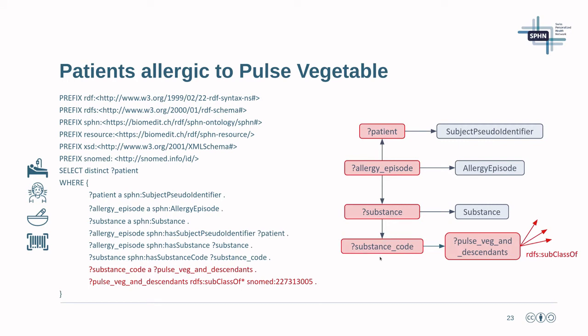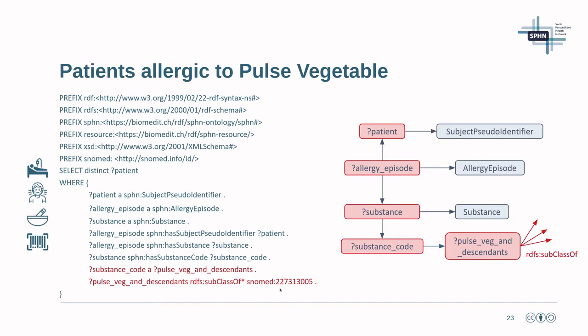So we have a substance code, but now instead of saying that we are only interested in patients that are allergic to peanuts, we need to state that the patient can be allergic to anything from the pulse vegetable level and all the inner components. And you can do that by specifying that we have a variable, pulse vegetable and descendant, and this variable should be a subclass of pulse vegetable.